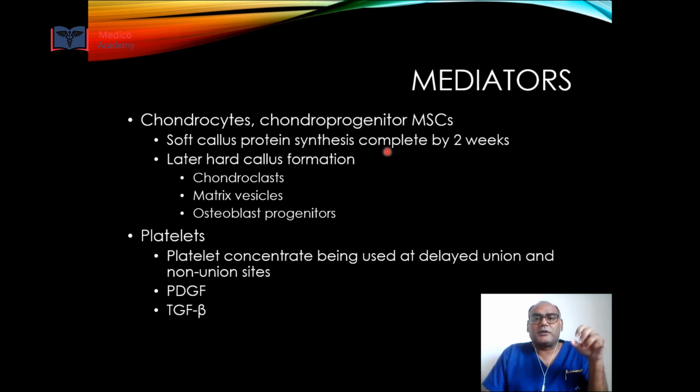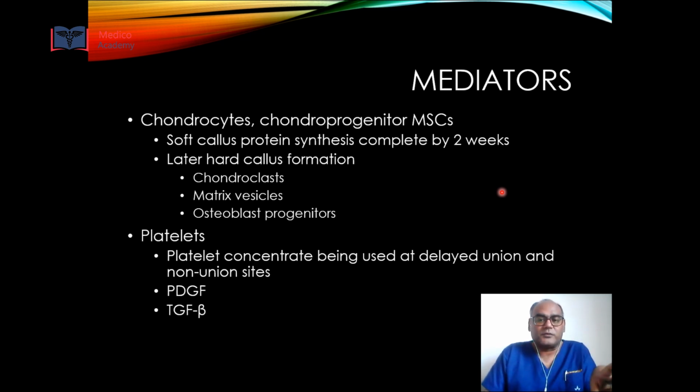Now, what are the mediators of this callus or the reparative phase? Typically it is the protein synthesis, which is done by lots of factors mediated by TGF beta superfamily and PDGF. Platelets now bring in other factors also, VEGF, FGF, EGF, and all factors that help in a lot of protein synthesis by the cartilage forming cells or the chondroblasts, and later by the osteoblasts also, and then mineralization of that front by alkaline phosphatase.